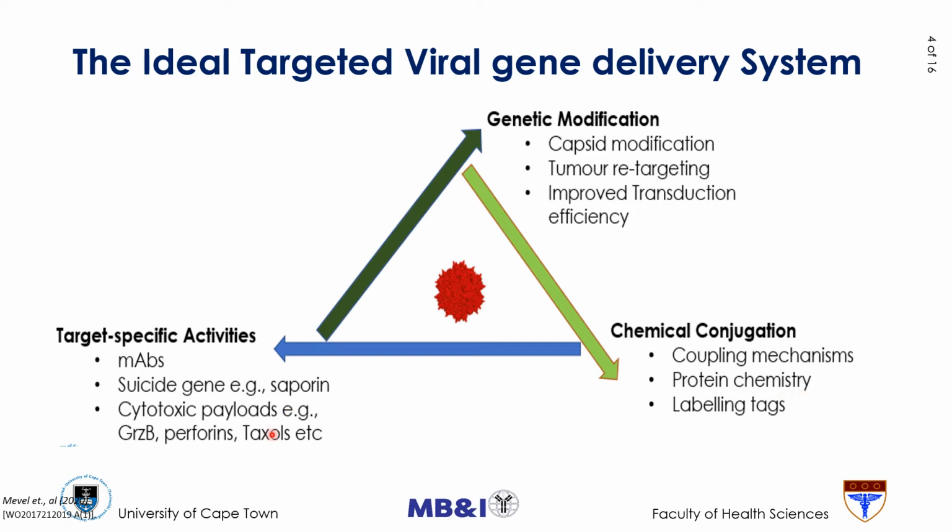The third component is that the surface-exposed monoclonal antibody, suicide gene or cytotoxic payload should be able to effect the activities for which they have been delivered to these tumors.